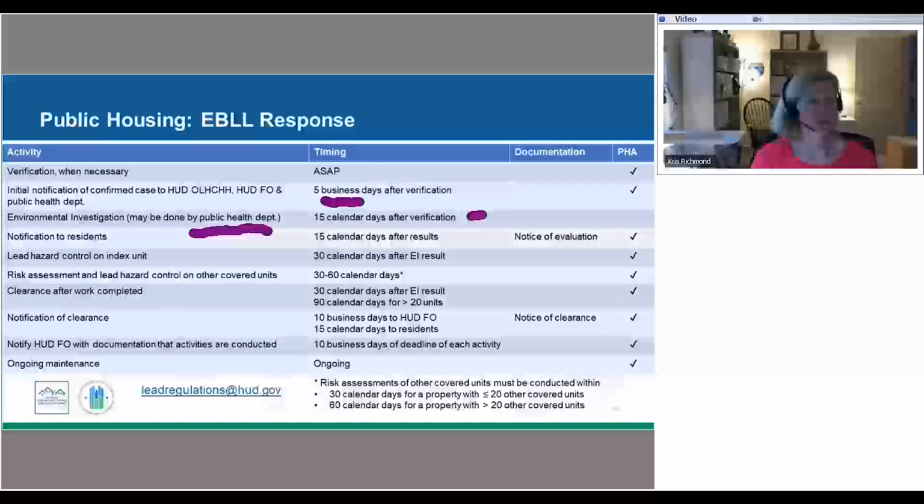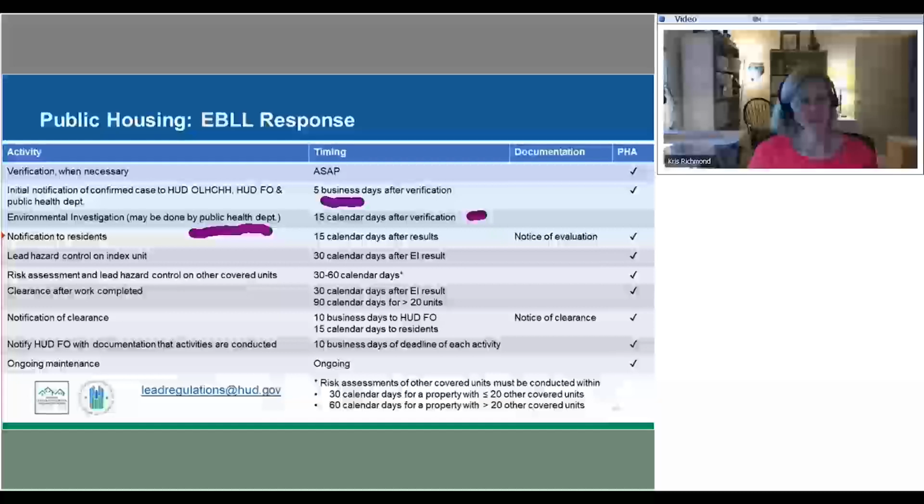Then we need to do a notice to the resident. So we did the environmental investigation that included a risk assessment as well as other things. So we need to do a notice of evaluation, and that's going to be provided to the index unit tenants.